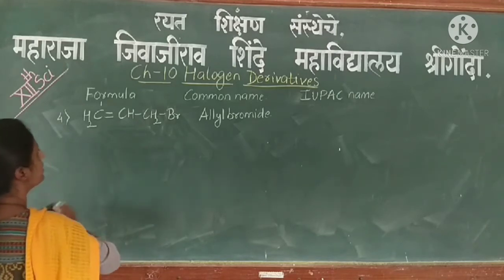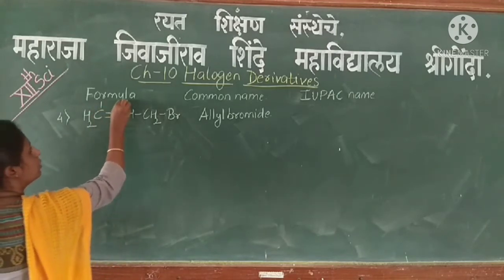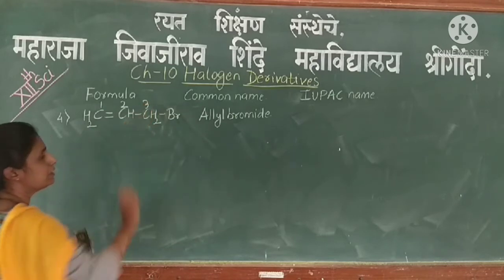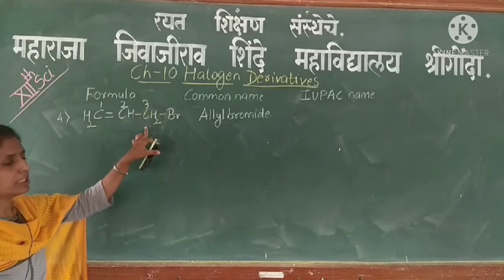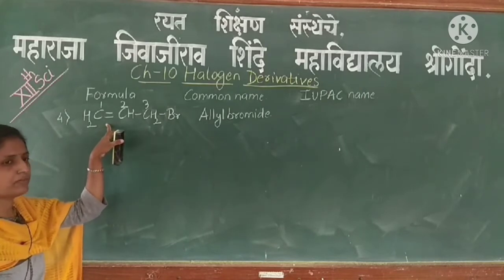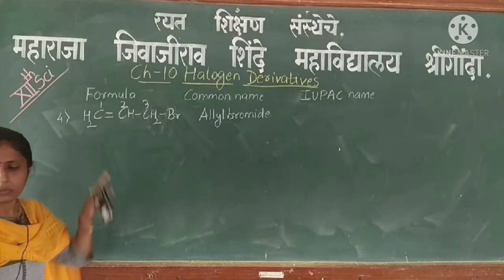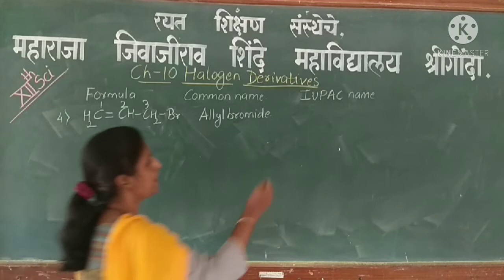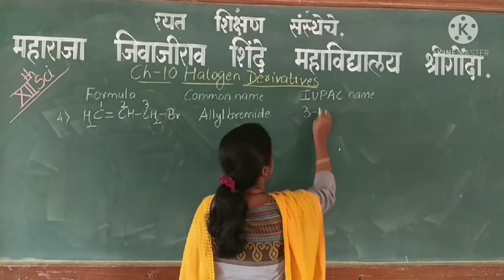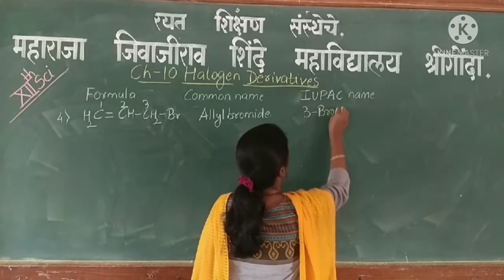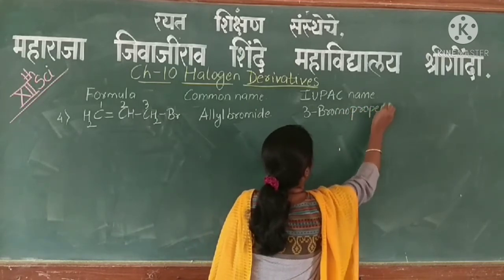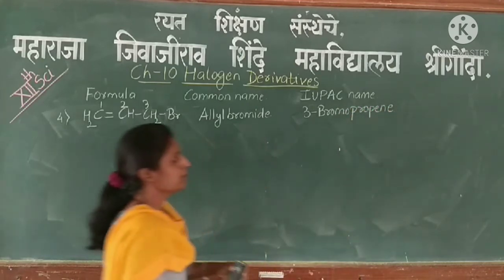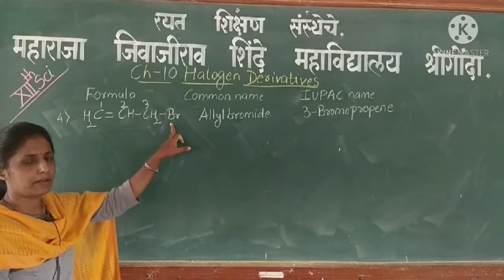So we will number this carbon as 1, 2, and 3. It is a 3 carbon chain, and the first carbon has the double bond. So it will be written as 3-bromopropene. Bromine is at the third carbon.